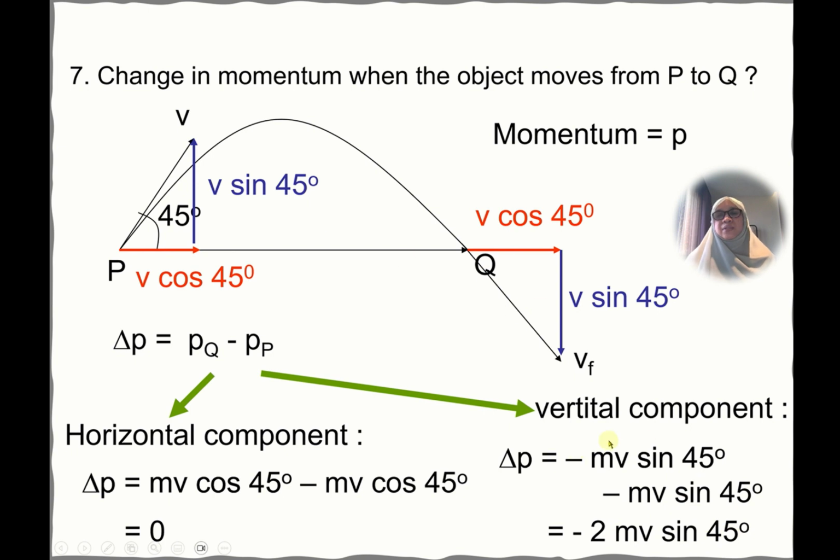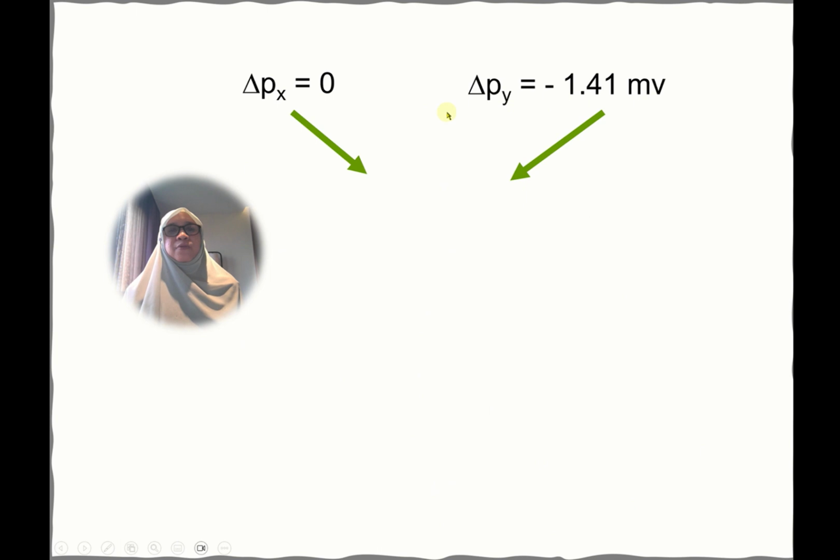Because of the opposite direction, it is final minus initial. Initial is in the positive direction, so we get negative 2 mv sine 45 degrees. Now we solve for sine 45, and we get 1.41 mv. Then to get the momentum, we use Pythagoras theorem for these two.